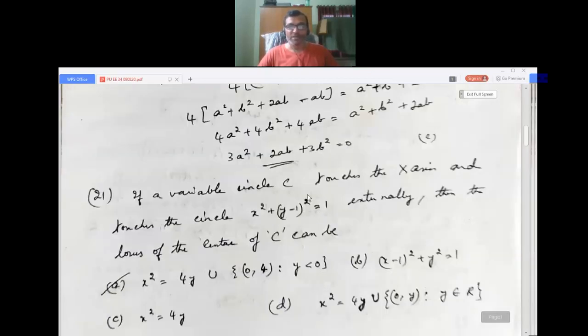If a variable circle C touches the x-axis and touches the circle x squared plus y minus 1 whole squared is equal to 1 externally, then the locus of the center of C can be the first option, x squared equals 4y, union of the set of all 0 comma y such that y less than 0.